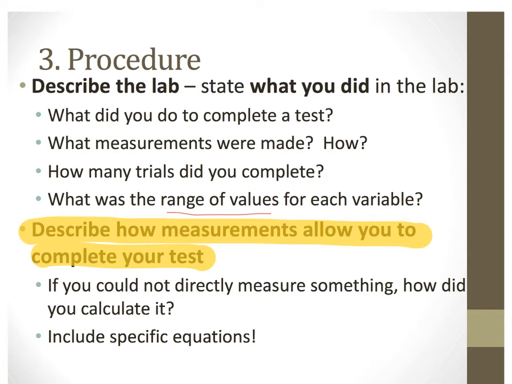If you didn't directly measure the thing that you care about, you need to talk about how you actually got that value, how you took that velocity and calculated the acceleration. So you would probably include the specific equation that you used, if you had one. In the pullback car lab, there really wasn't anything because we directly measured everything. But if we hadn't, then that would be an important thing to talk about.